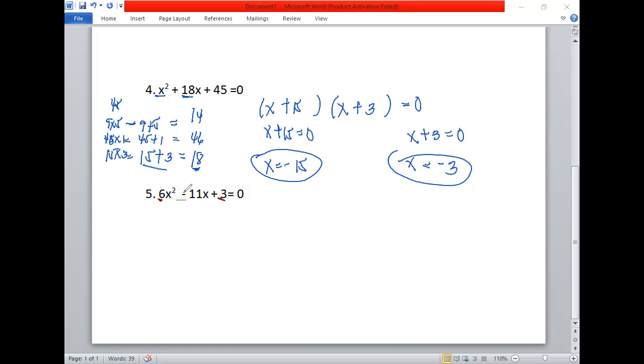So 6 times 3, the answer is 18, right? This is what we will get the factors from that make negative 11, the sum. So what are the factors of positive 18 that will make negative 11?